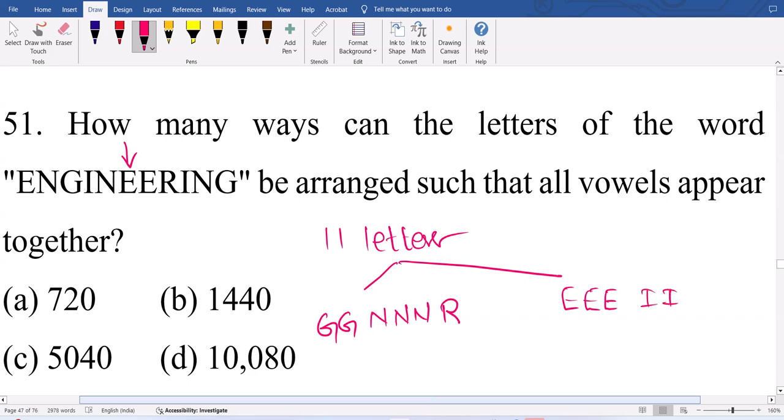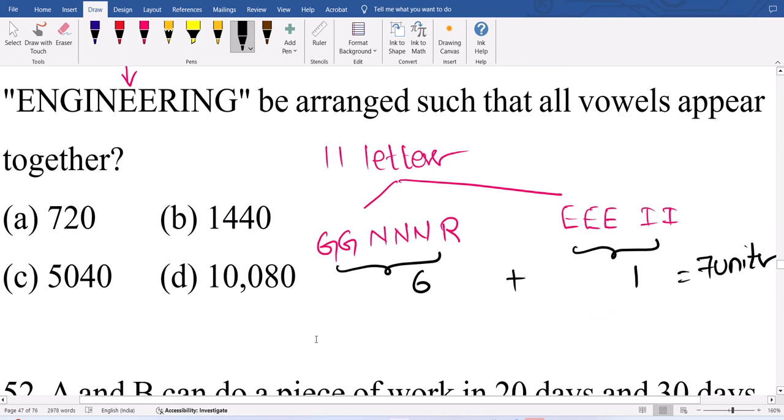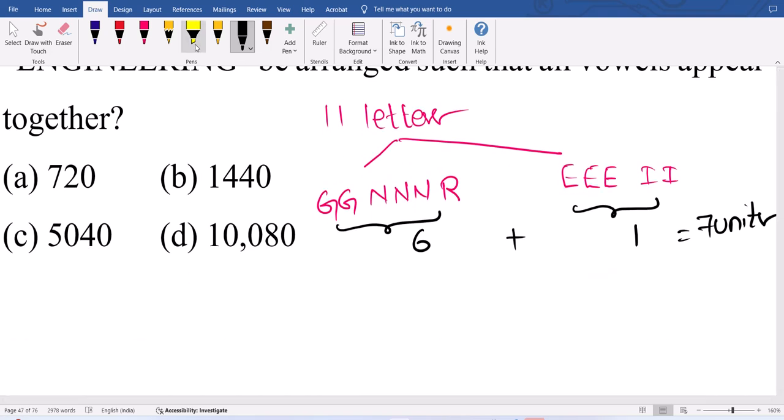Now the question: vowels together means this is 1 unit. Here 6 units. 6 plus 1, totally 7 units. See the problem, we have to do all the calculation. So the answer is 7 factorial into 5 factorial. Why 5 factorial?